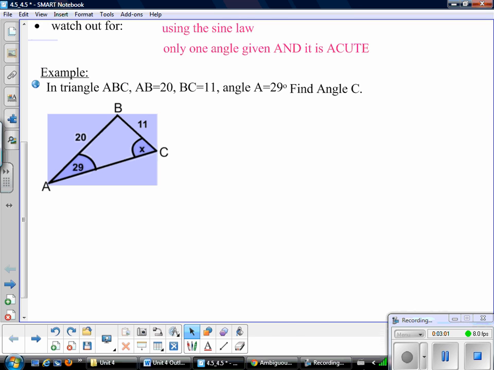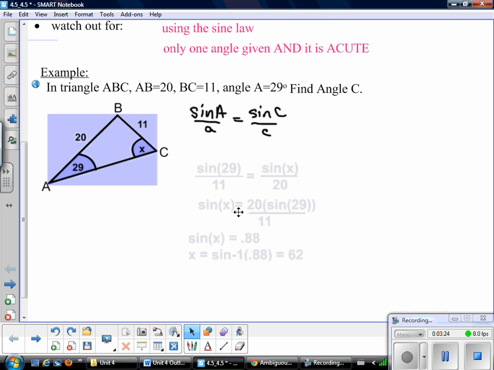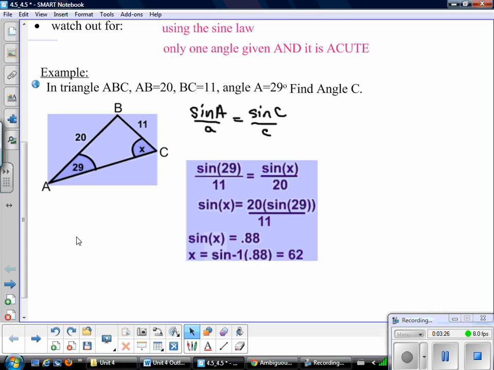We would do sine of A over little a equals sine of C over little c, because we're interested in angle C. We would substitute everything in, and out would come that our angle x is 62 degrees.